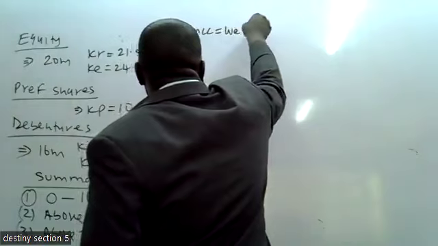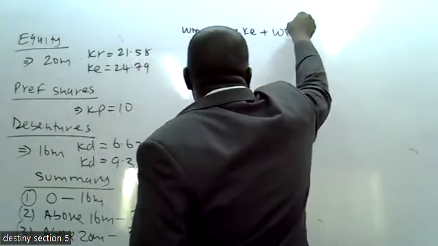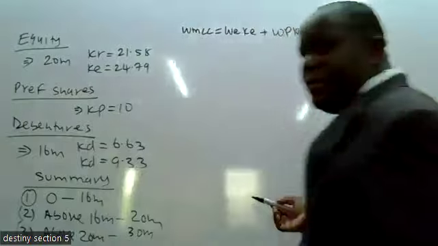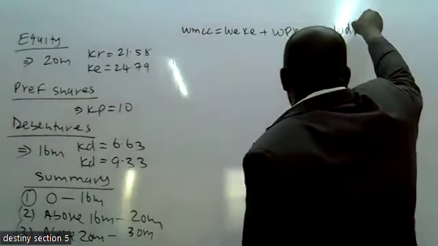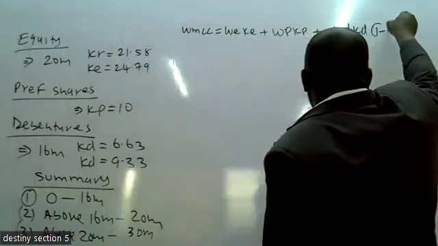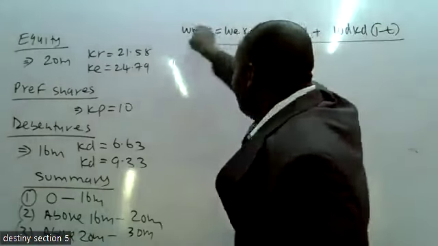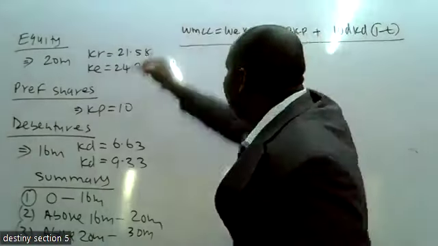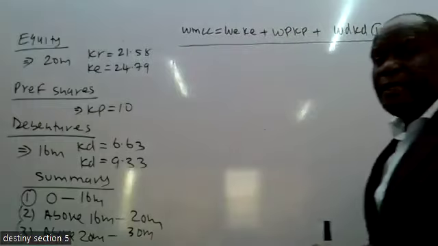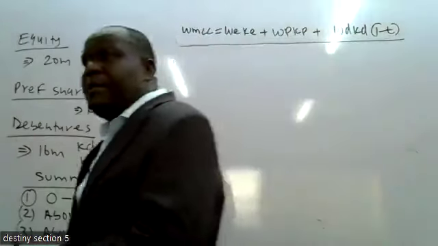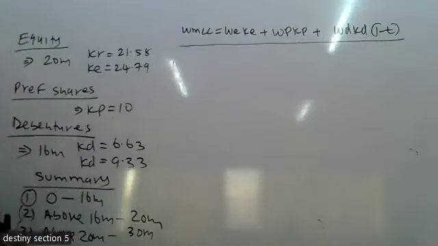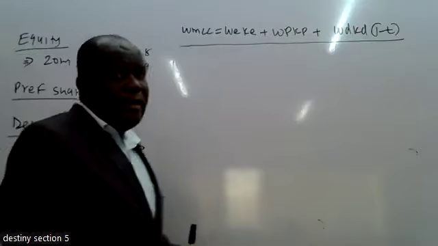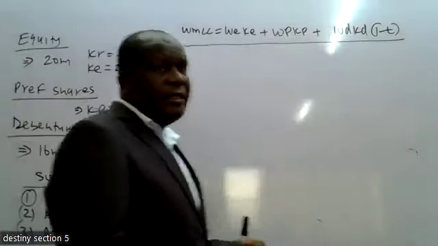We get the weight of equity, cost of equity, weight of the preference share, the cost of the preference share, and the weight of the debt. The KD must always be after tax.